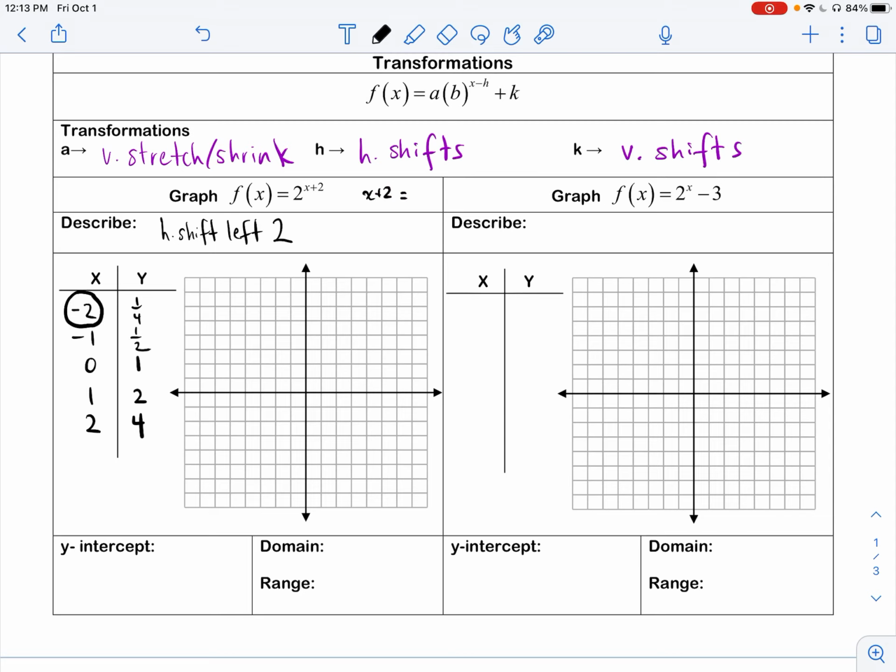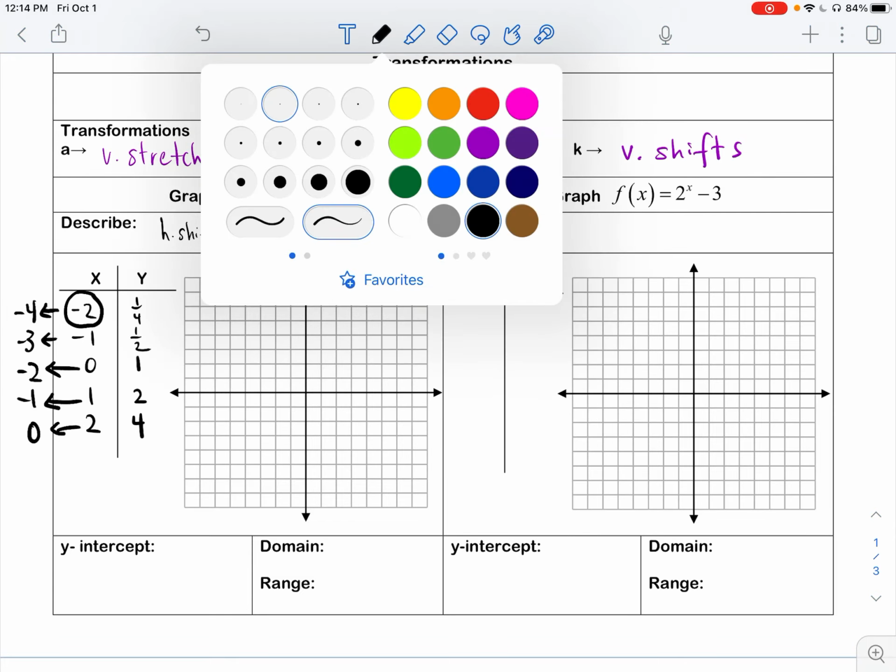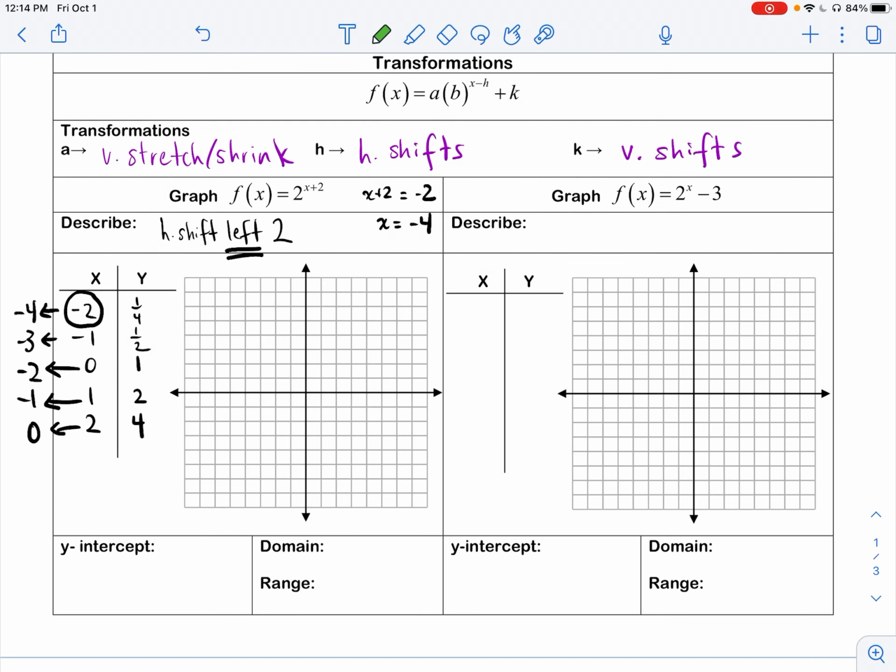Let's think about this for a second. x plus 2, if I take my argument and set it equal to where my x value was originally, which was at -2, and isolate x, I see that x now is equal to -4. So that -2 goes to -4, and that way we can see why it's a horizontal shift to the left 2 units. If we continue to shift left, this -1 goes to -3, this goes to -2, this goes to -1, and this goes to 0.